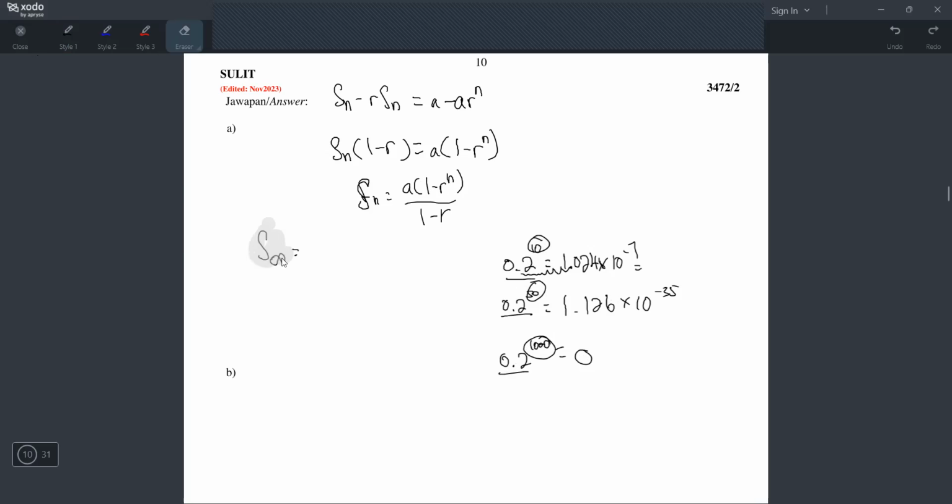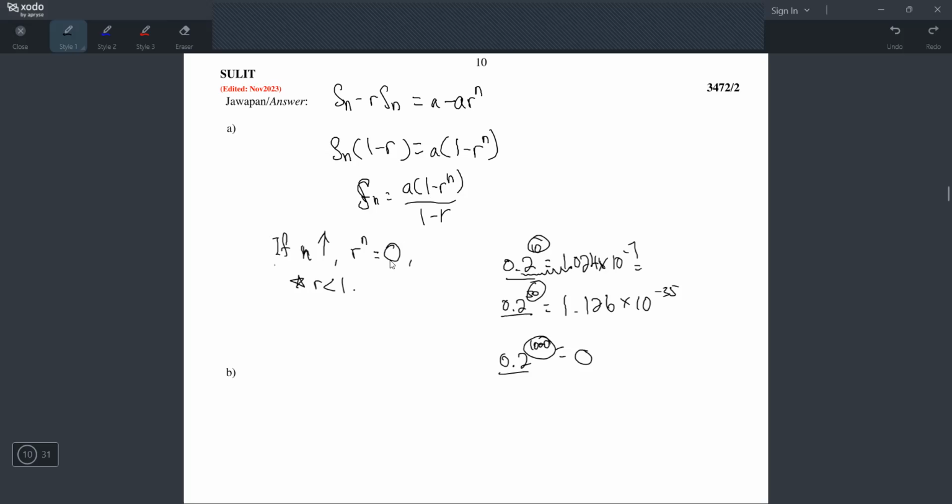It means I'll write here, if your n is bigger, your r power n will be nearer to 0, but only if your r is less than 1. So I'll put a star here: only if your r is less than 1.